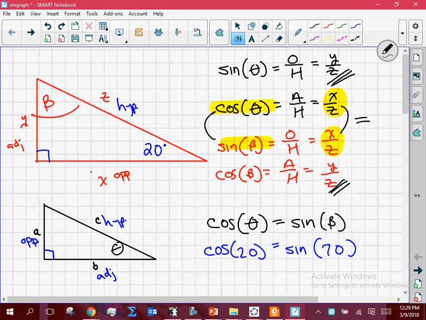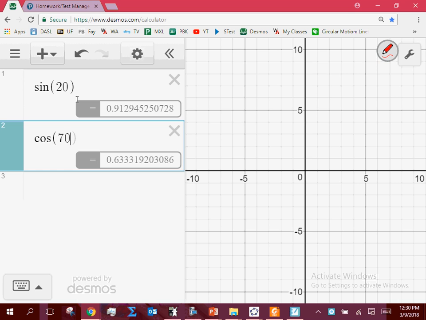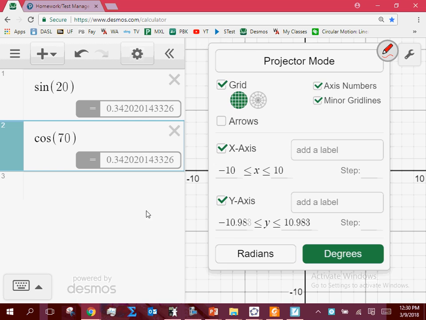Or using the other relationship, if I say I want to look at the sine of 20, somebody else would use the cosine of 70. They should equate. And when we look at our calculator, I'll just use Desmos here. If I type in sine of 20, I get that number right there, right? Well, cosine of its complement then, gotta be in degrees.